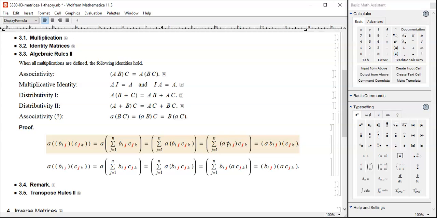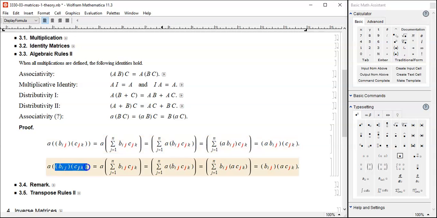But still, in the end, what we get is matrix multiplication, Ij, Jk. So this is scalar multiplication, A times matrix B, and this is matrix C. So this one is small a times capital B, scalar multiplication, and then matrix C.